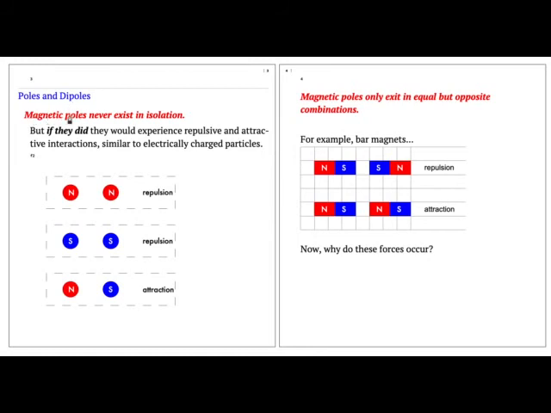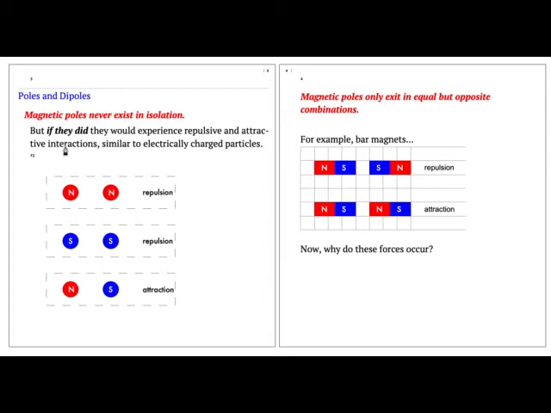And it's not possible to separate one pole. So magnetic poles never exist in isolation. But if they did, then they would experience repulsive and attractive interactions similar to electrically charged particles.